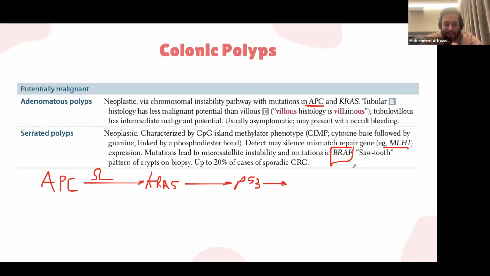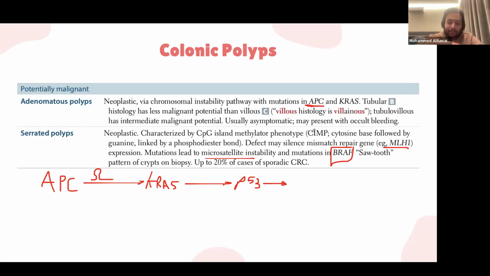Good, I got what you meant. Hereditary non-polyposis colorectal carcinoma, or colon cancer. Another name for this is Lynch syndrome. You need to remember Lynch and FAP, familial adenomatous polyposis. Lynch syndrome is associated with MLH1 gene mutation in the microsatellite instability.